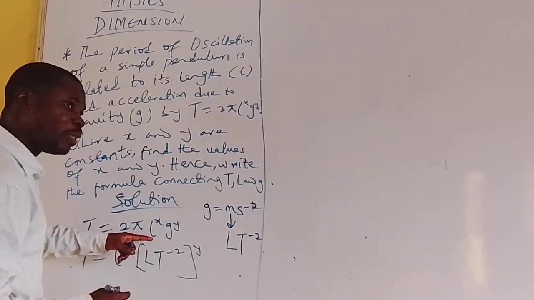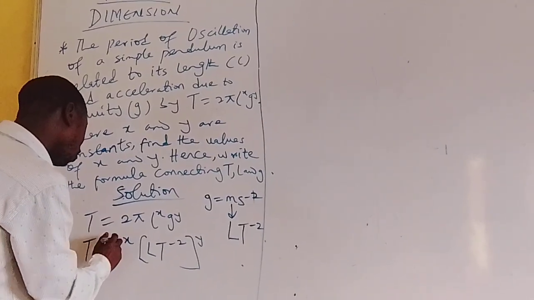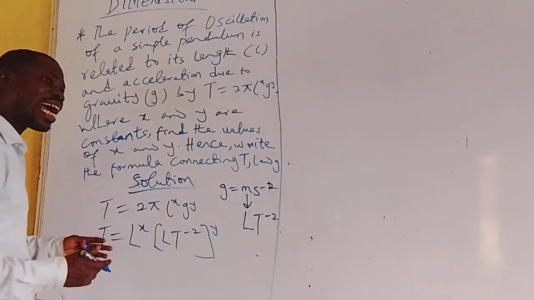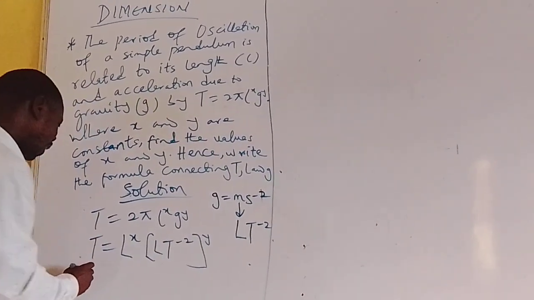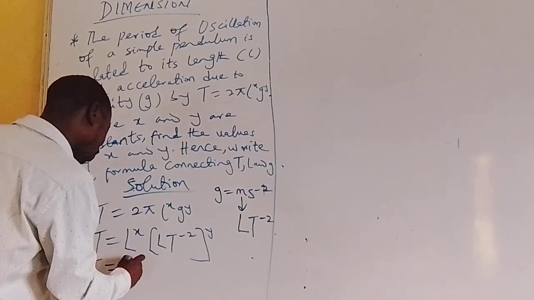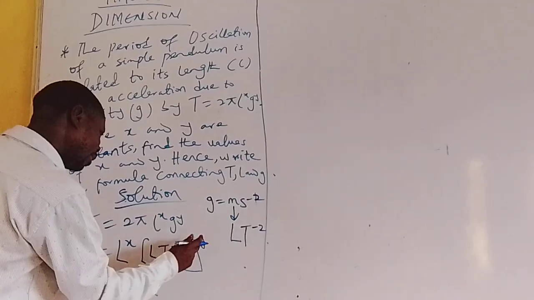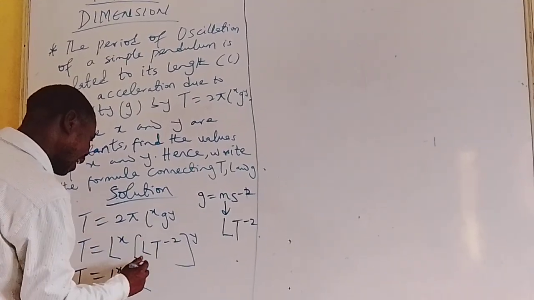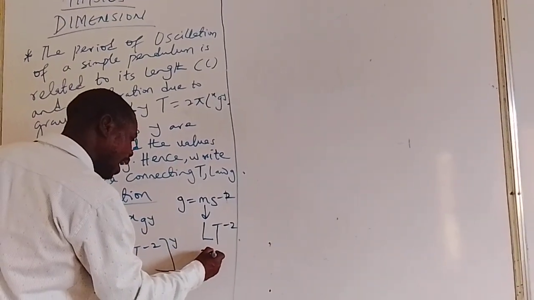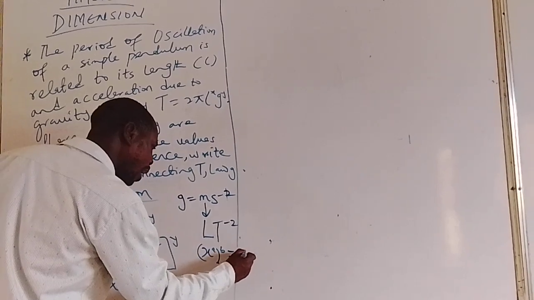Then this small L is length. We are going to change it to the dimensional symbol, so we just change it to big L. The next line of action is to put this together in this series. So that means T is equal to L raised to power x times L raised to power y, because from one of the laws of indices, h raised to power a raised to power b is equal to h raised to power ab.